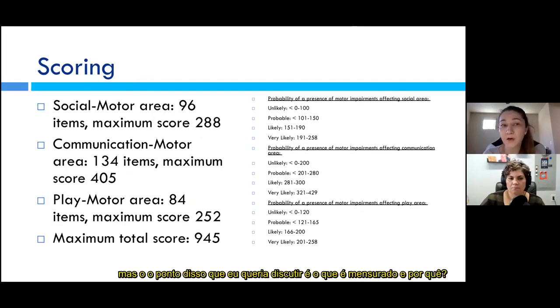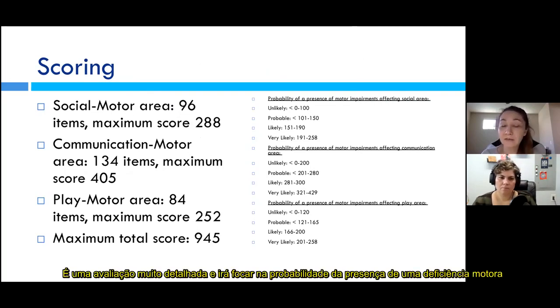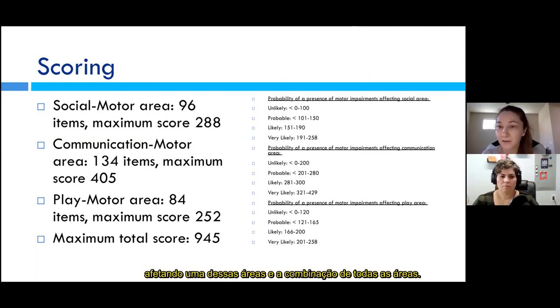But the reason I would like to discuss that is what it measures and why. It is a very, very detailed assessment, and it looks at the probability of a presence of motor impairments affecting one of those areas and all of those areas combined.